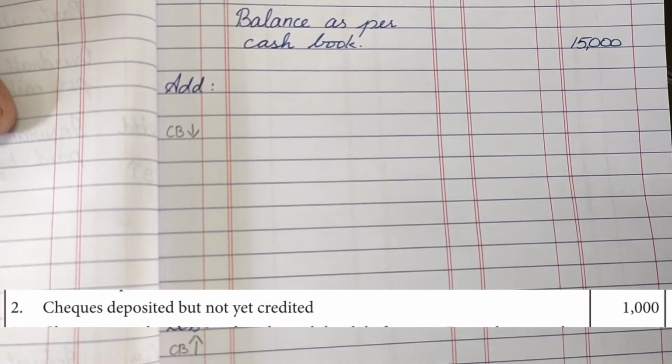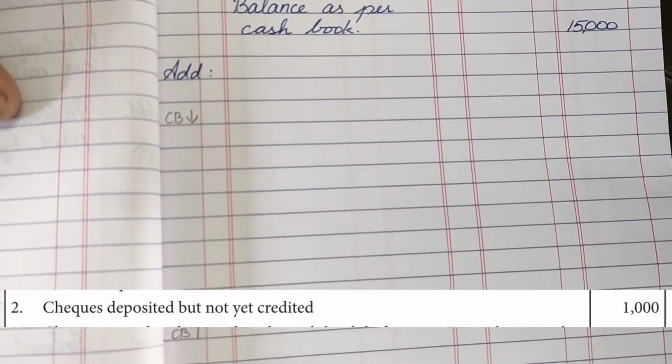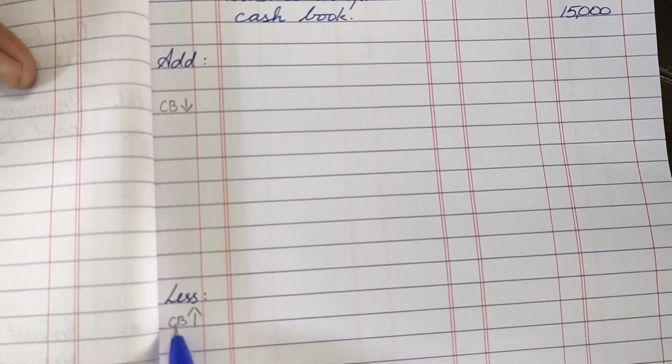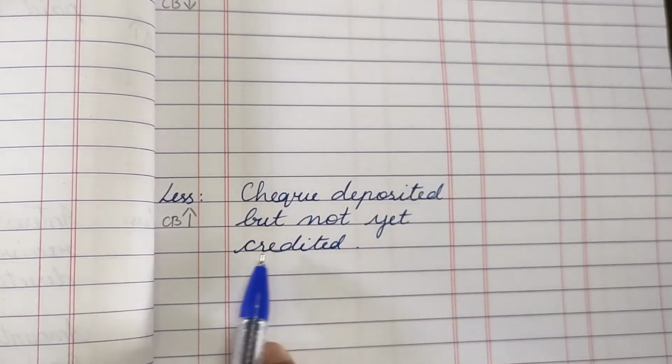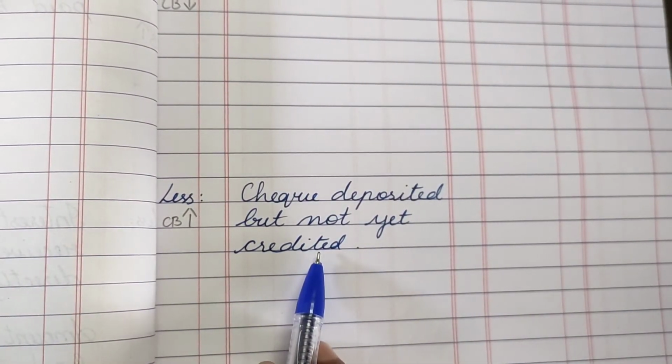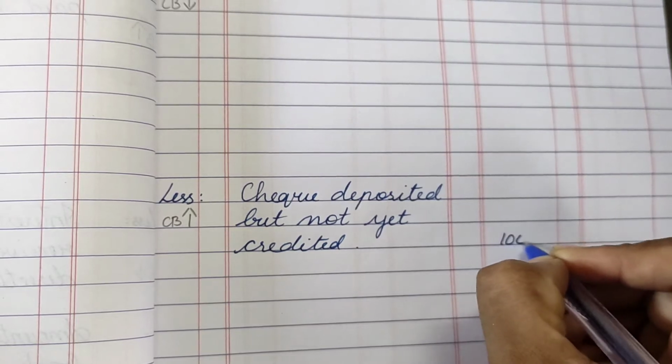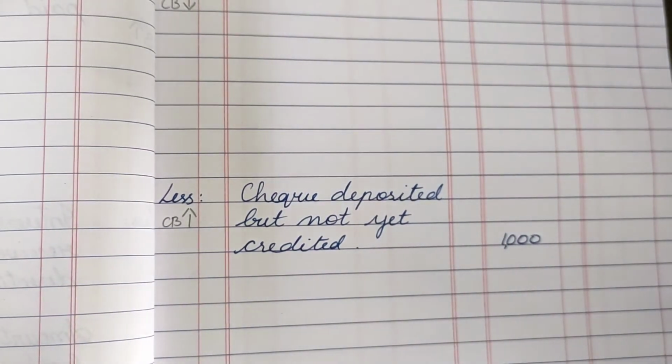So they are showing as it has not been deposited, whereas a cashier would have recorded in the cash book bank column as deposited already. So here cash book is more and the passbook is less. Therefore this goes into the less category when the cash book balance is more. So cheque deposited but not yet credited, you write the value in the inner column, rupees 1,000.